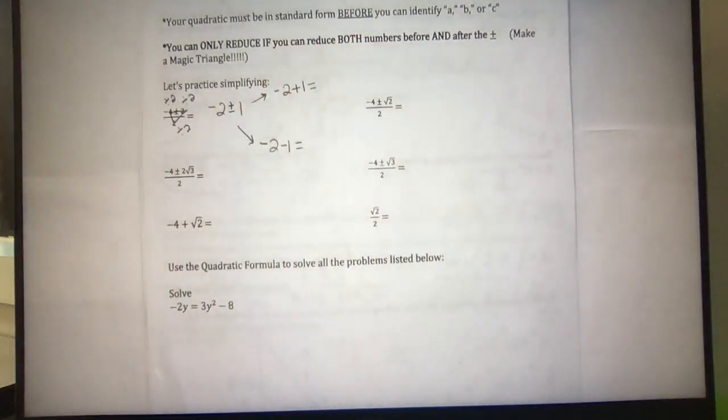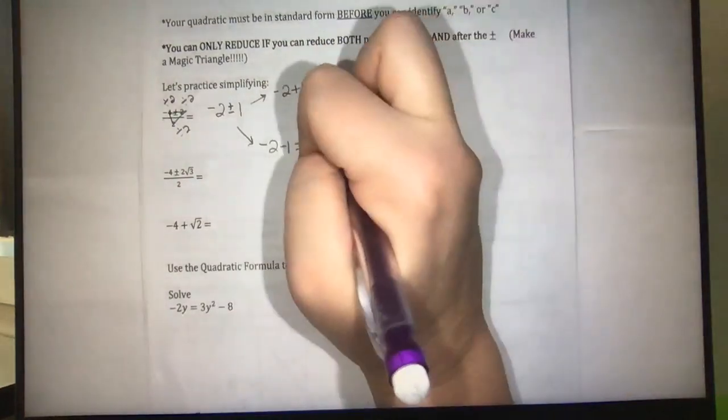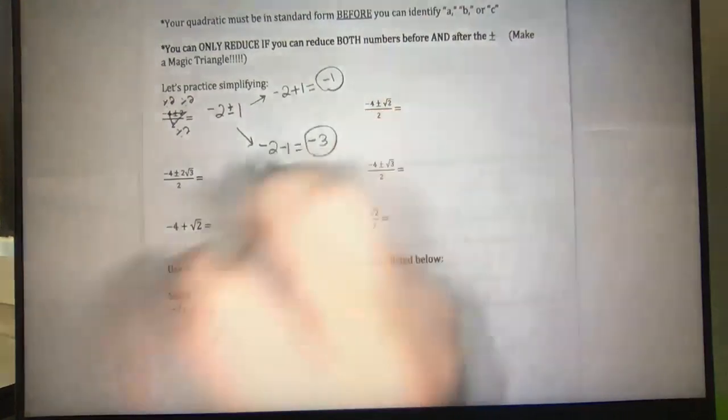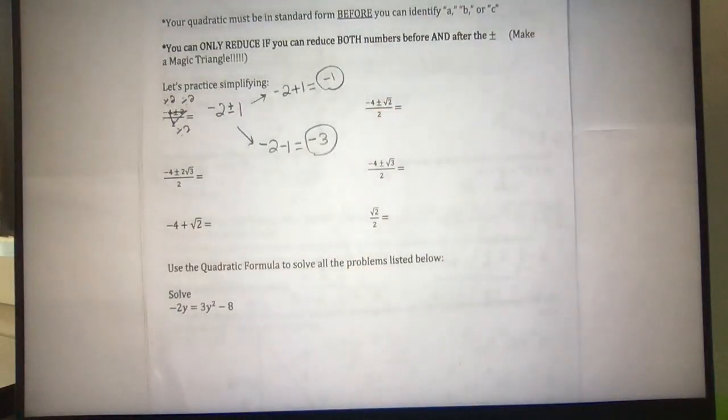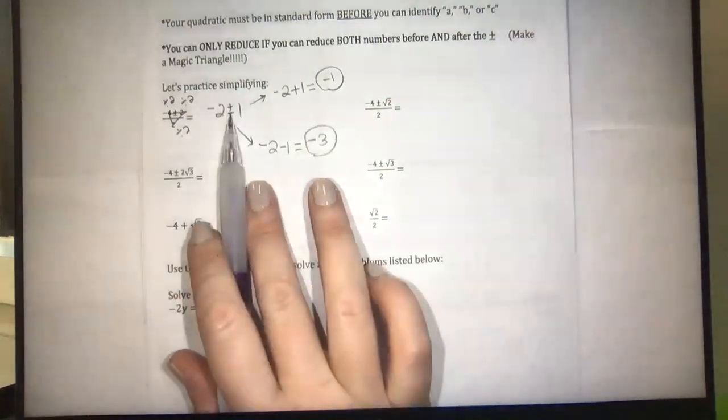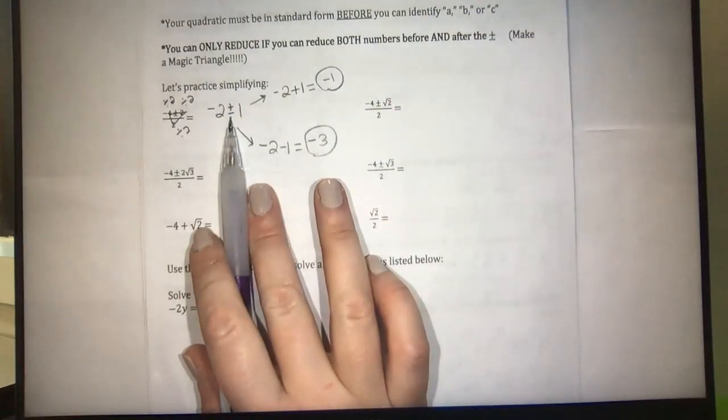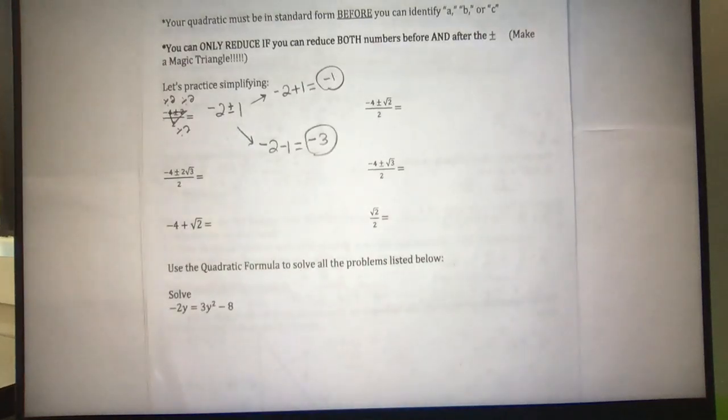I can get 2 really nice answers there. I can get a -1, and I can get a -3. Okay, so not only did I have a triangle to reduce, I then had 2 like terms that I could continue with. Okay, so there are my answers.